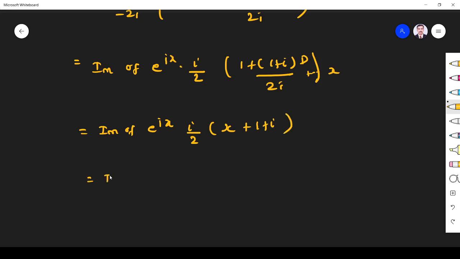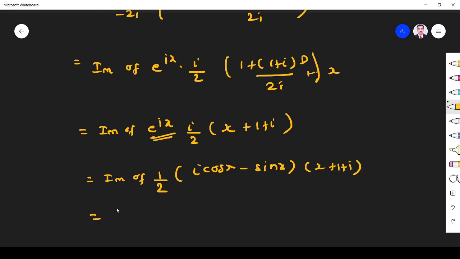Imaginary part of 1 by 2, then e power ix I write as cos x plus i sin x, multiplied with i, so it will be i cos x minus sin x, into x plus 1 plus i.